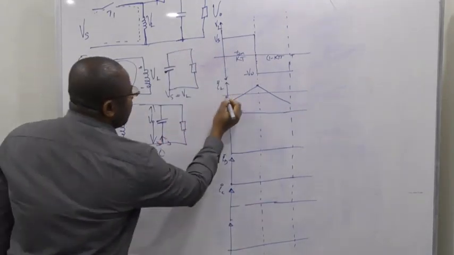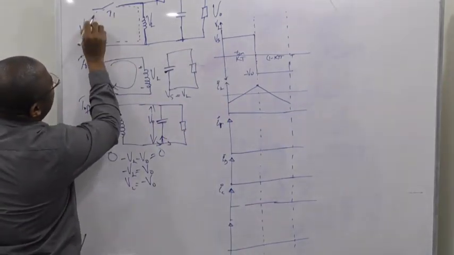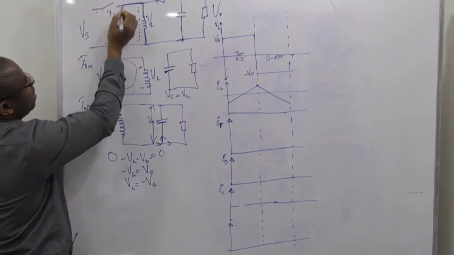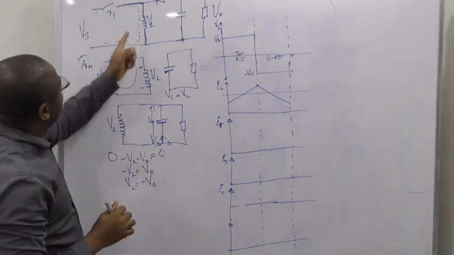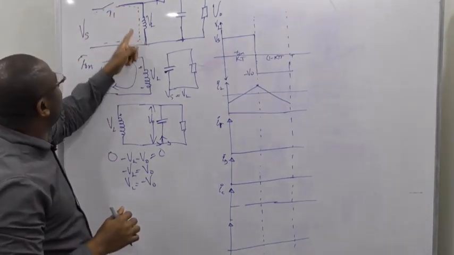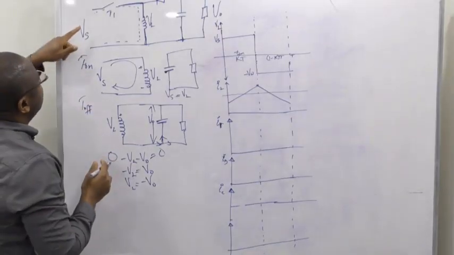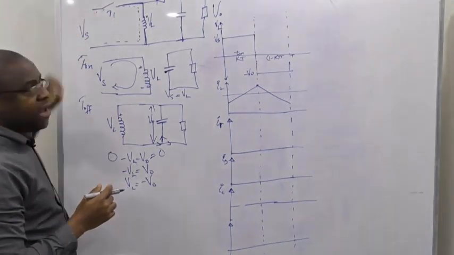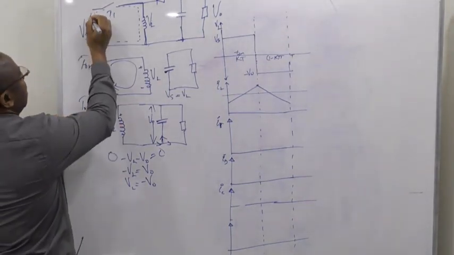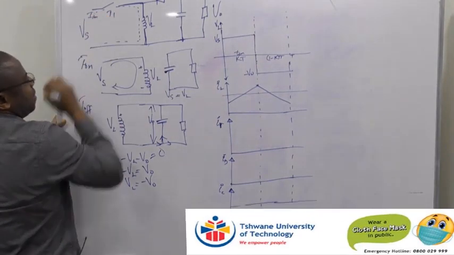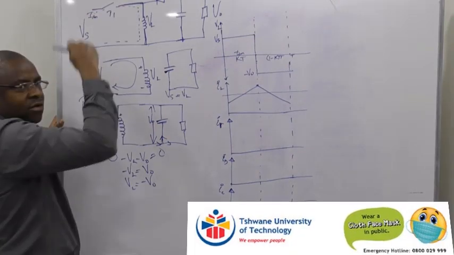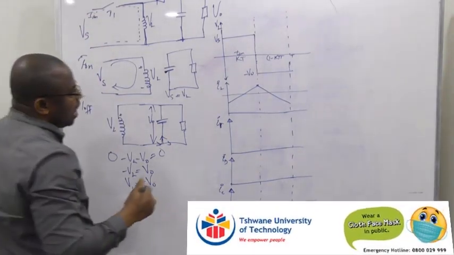Remember, the average value has to do with what is going in here. The current that flows through here at time of on and time of off depends on the switch. So if I know the I in current flowing from here, you divide it by the duty cycle, the switching on and off.